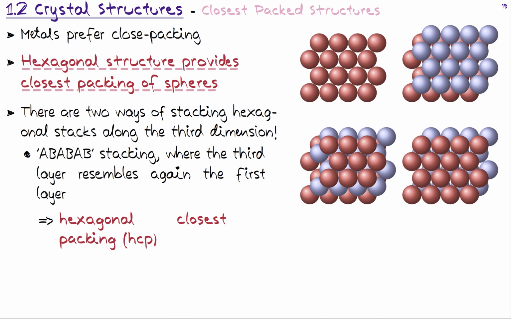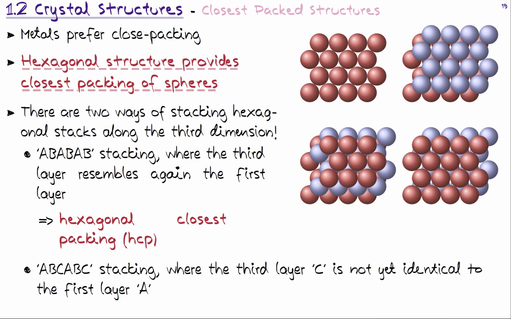But like I already mentioned, spoiled the fun, we can also have a little bit more complicated stacking. So we can have ABC type stacking, where the third layer C is not in an identical position to the first layer A. And that in fact gives me a face-centered cubic structure.